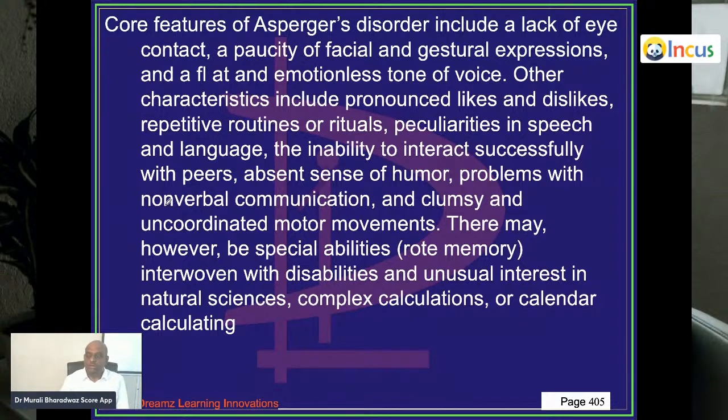The main things about Asperger disorder are lack of eye contact, a paucity of facial expression, and a flat, emotionless tone of voice. Yeah, a lot of our professors and HODs used to have this, right? And absent sense of humor, non-verbal communication, repetitive routines or rituals.